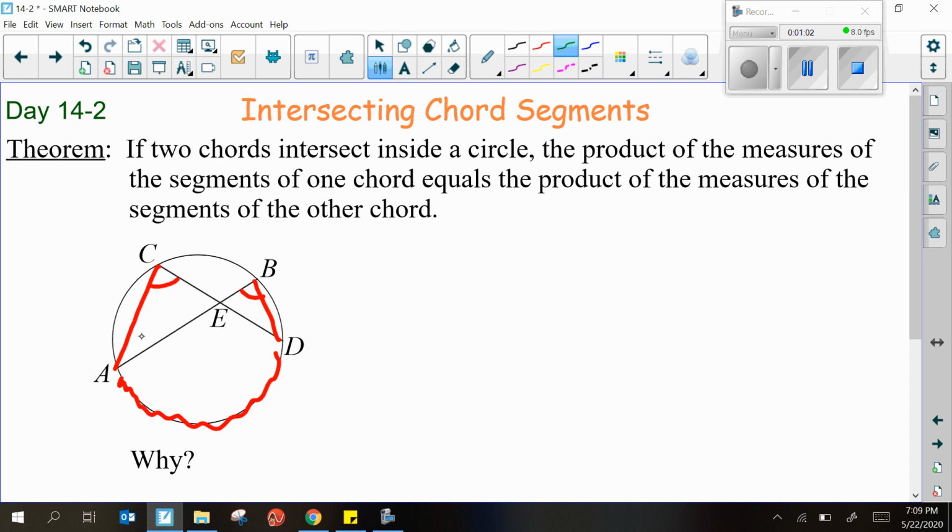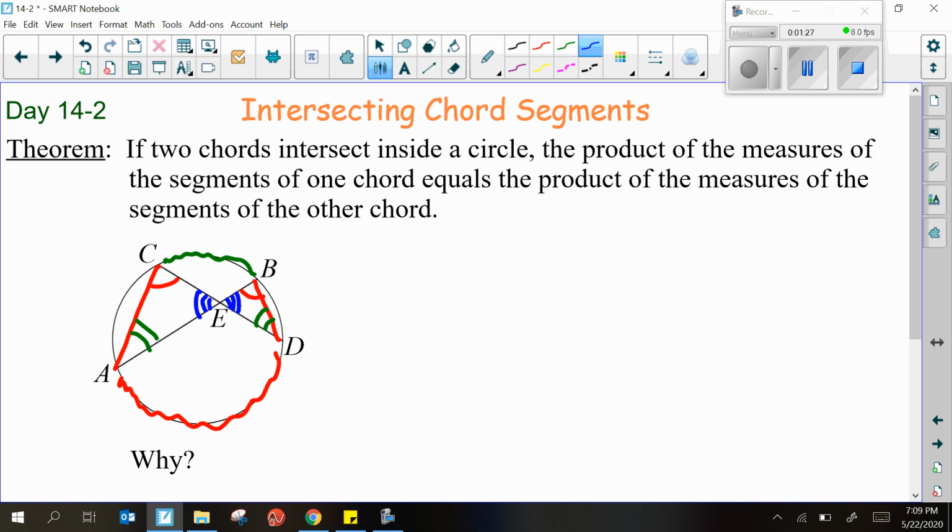The angle at A and the angle at D are also congruent because they both intercept this arc. Obviously, angle E is congruent to angle E because they are vertical angles. So by angle-angle similarity, I have similar triangles. So I can set up a proportion.